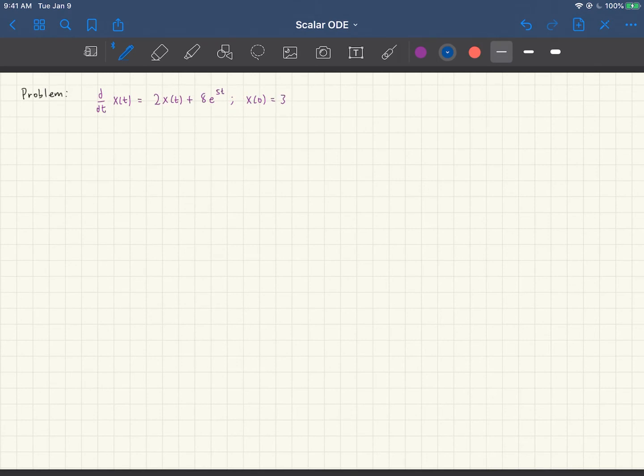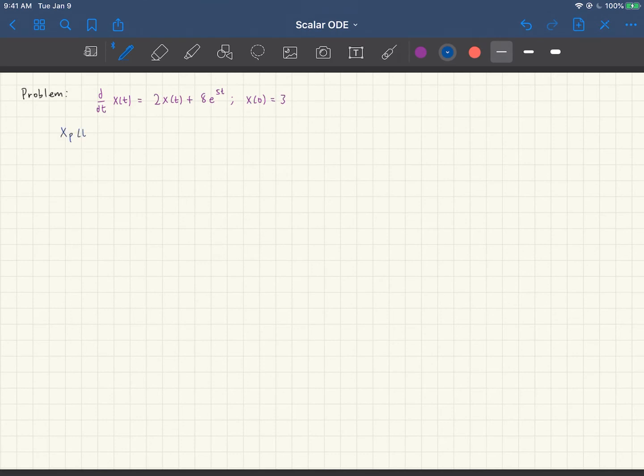Now we're going to take a look at a mechanical example. So let's say we have dx dt is equal to 2x plus 8e to the 5t. And we're given the initial condition x sub 0 is equal to 3. So we're going to start with our particular solution.